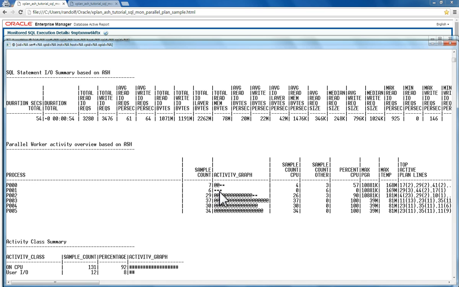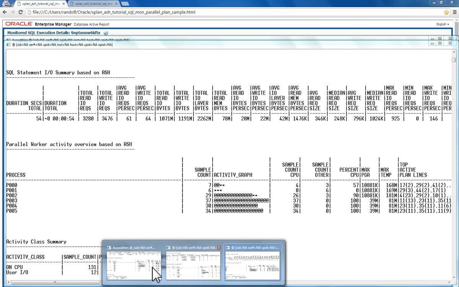But the point is that you now cannot come up with this information whether the work distribution per set was good or not, because simply we do not have this set related information. So just to give you this information, this section can look different. If the execution plan is missing, you won't have this organization by DFO tree and set. So this is just something to keep in mind, that when the execution plan cannot be found, this section looks different.